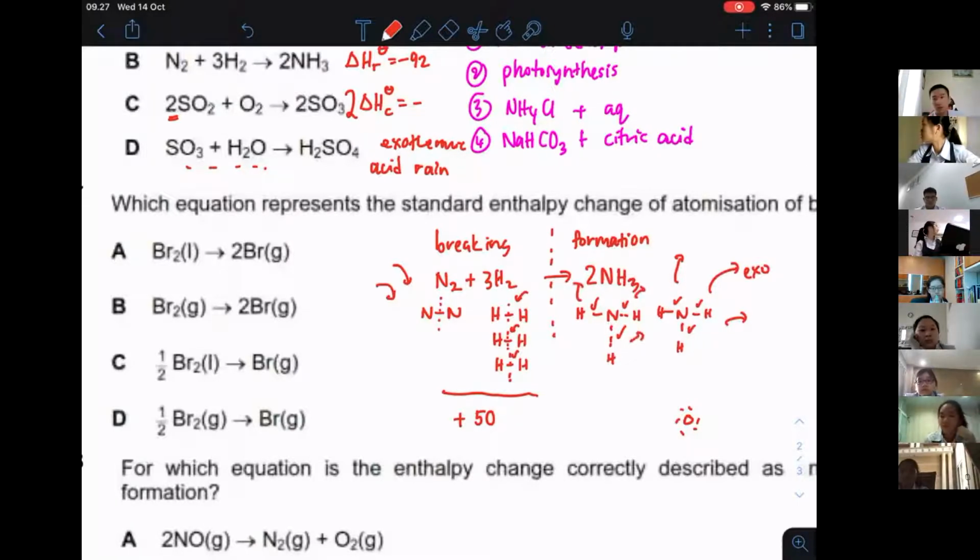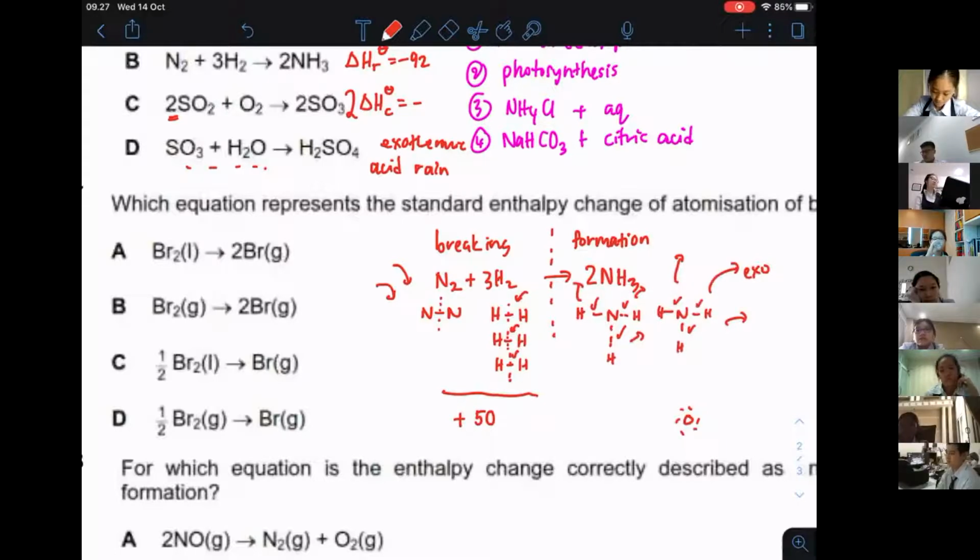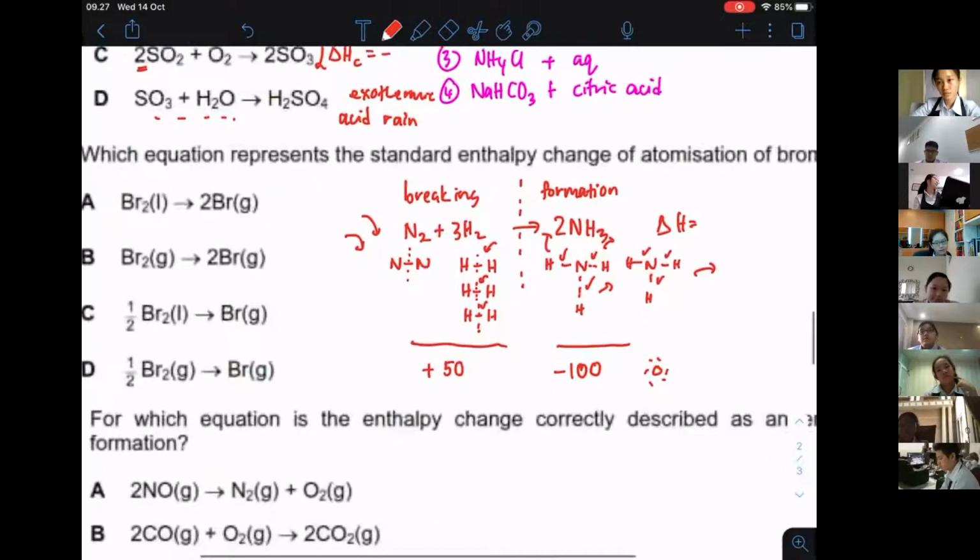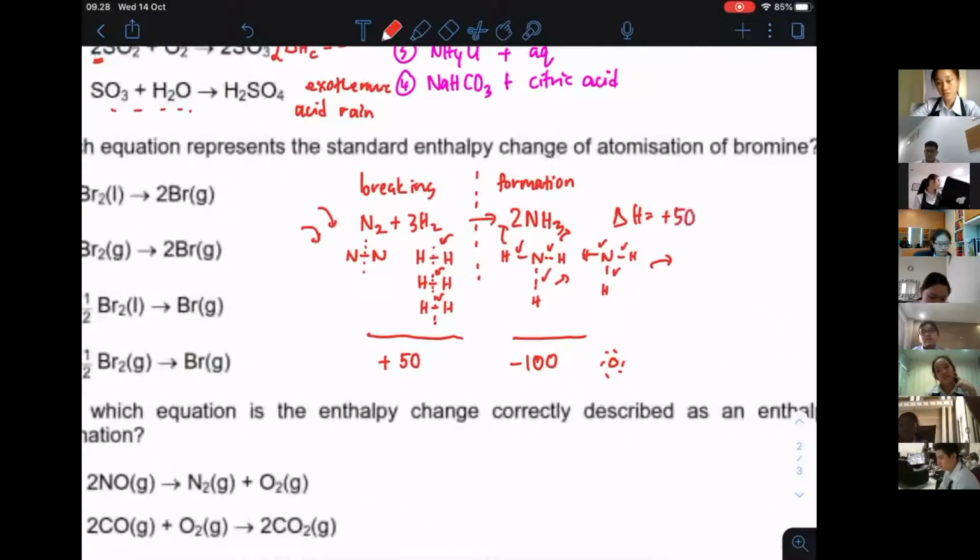Imagine that for all these 6 bonds being formed, the total energy, as a random answer, is negative 100, because it is exothermic. If I ask you what the enthalpy change for this reaction is, we need to add the energy: positive 50 plus negative 100 gives a total of negative 50.